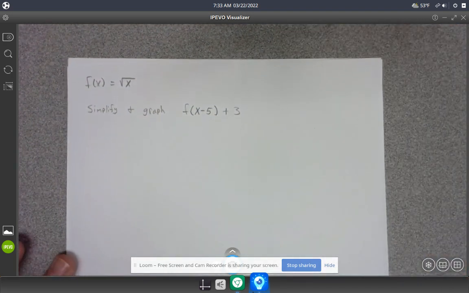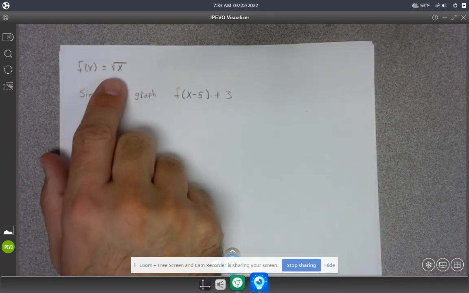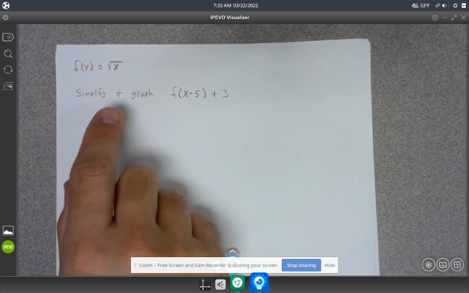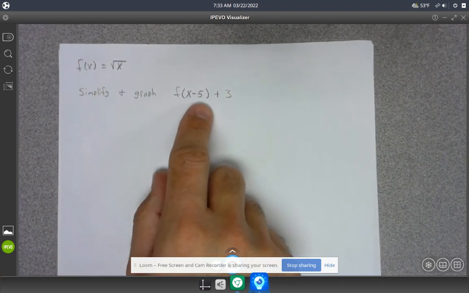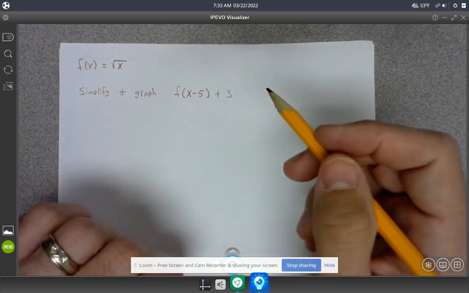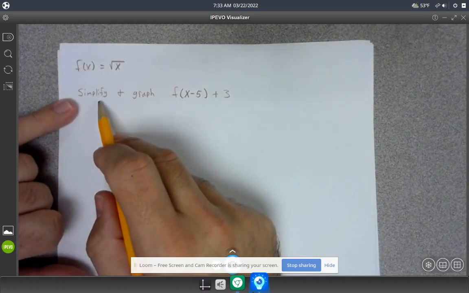All right, what I want to do is I'm given f of x is the square root function, and I want to simplify and graph f of (x minus 5) plus 3. So to simplify it, this just means we're writing it in algebra form, algebraic notation.